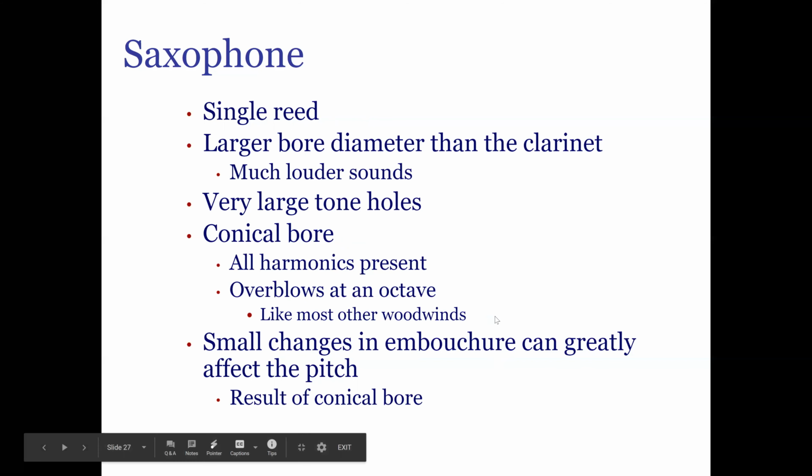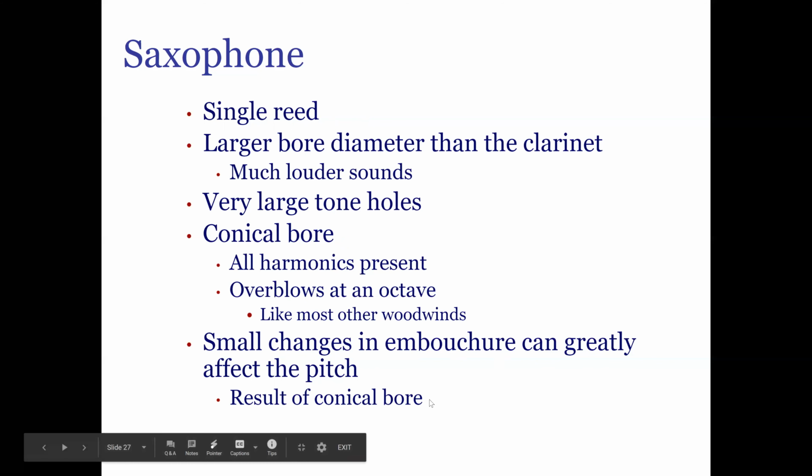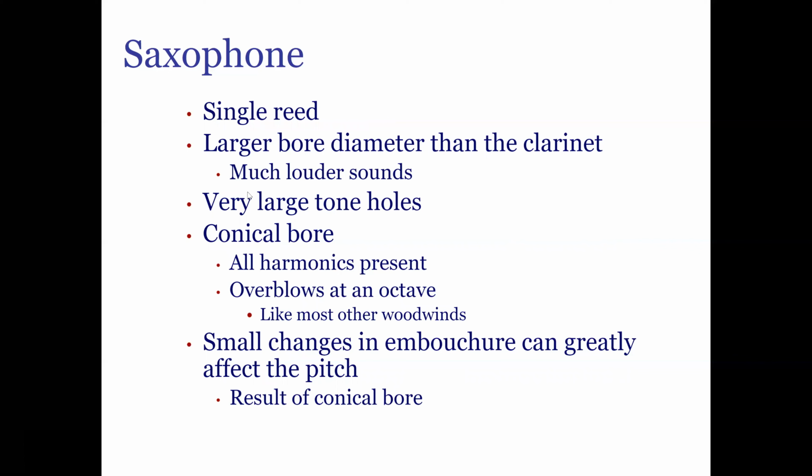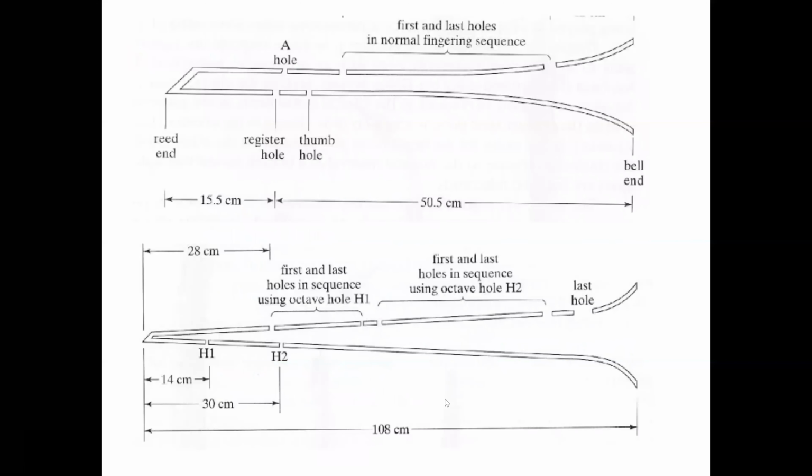Small changes in your mouth position can greatly affect the pitch, and that is sensitivity due to the conical bore again, because you have so many more harmonics available compared to the closed nature of the cylindrical bore of the clarinet. Just small changes can give you a big change in pitch.